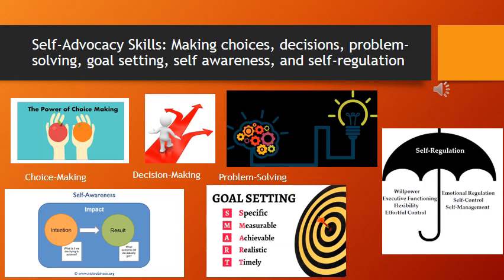One controls their own life when they can advocate for themselves, and this means a person can make choices for themselves, make decisions, use problem-solving skills, set goals and achieve goals, develop a sense of self-awareness, and learn how to self-regulate, take care of their emotions so there aren't upheavals that prohibit a person from making choices and making decisions for themselves.